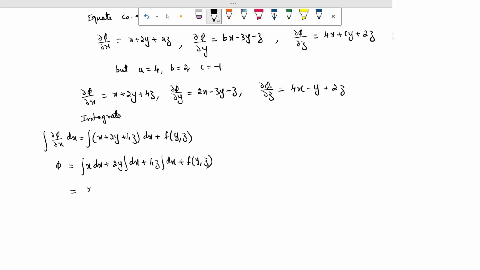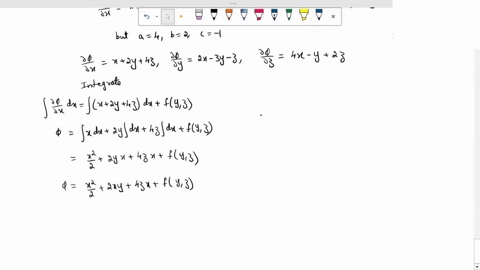Now let's integrate. Integration of x is x squared by 2, plus 2y times the integral of dx, which is x, plus 4z times x, plus f of y comma z. So we have φ equals x squared by 2 plus 2xy plus 4zx plus f of y comma z.